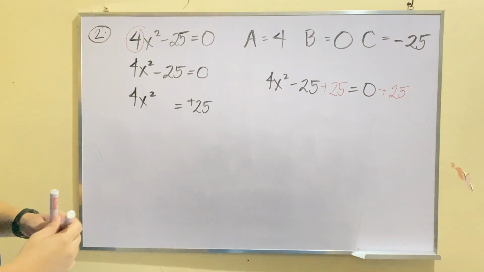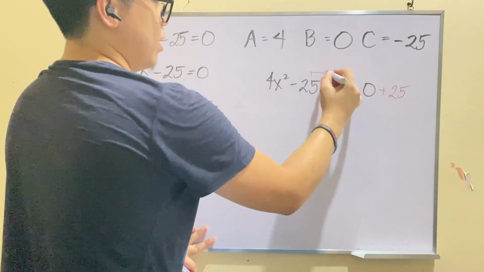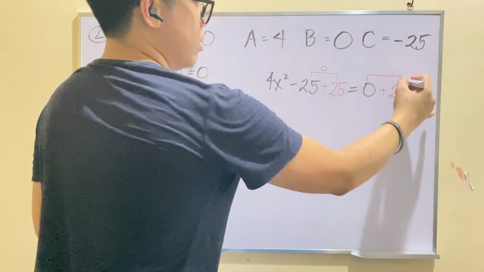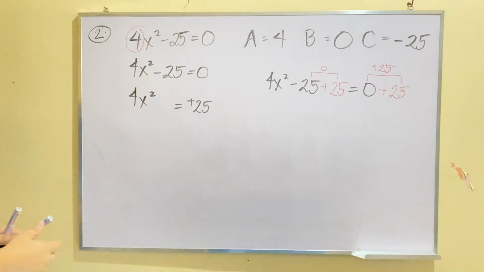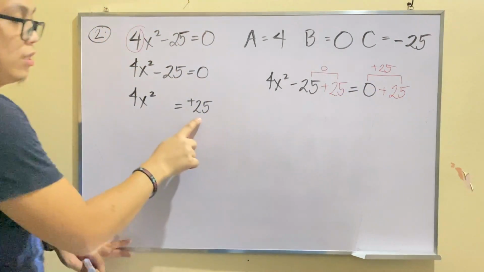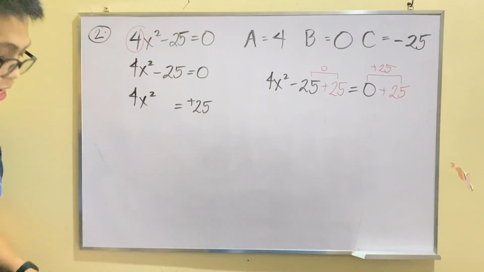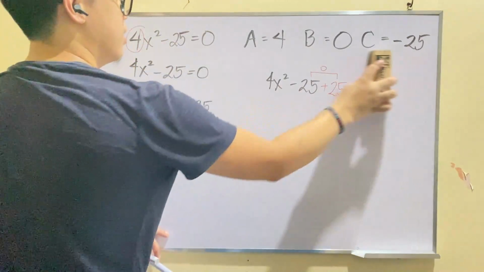Okay? So, negative 25 plus 25 is automatically 0. 0 plus 25 is positive 25. So, doon nag-start yung positive 25 kapag lumiliban ng equals sign. Gets? Gets dapat yan.